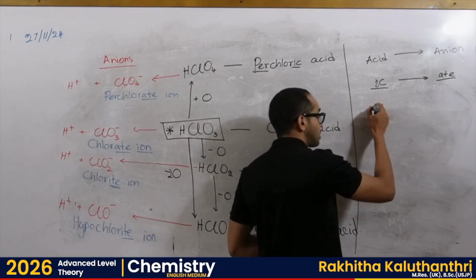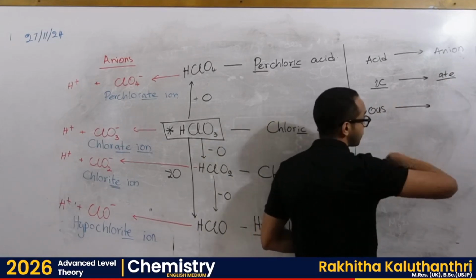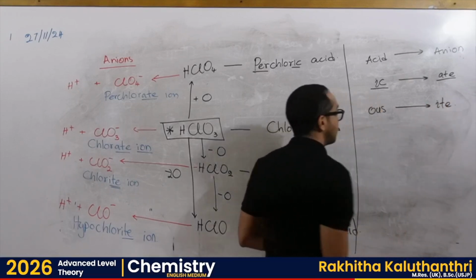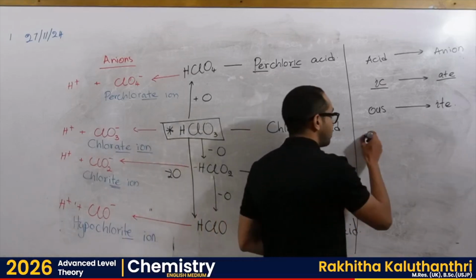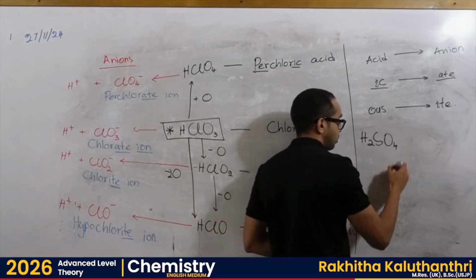If the acid name is ending with OUS, the name of the anion is ending with ITE. Now you know this already. For example, some of you would know this very well because we have done questions related to this.